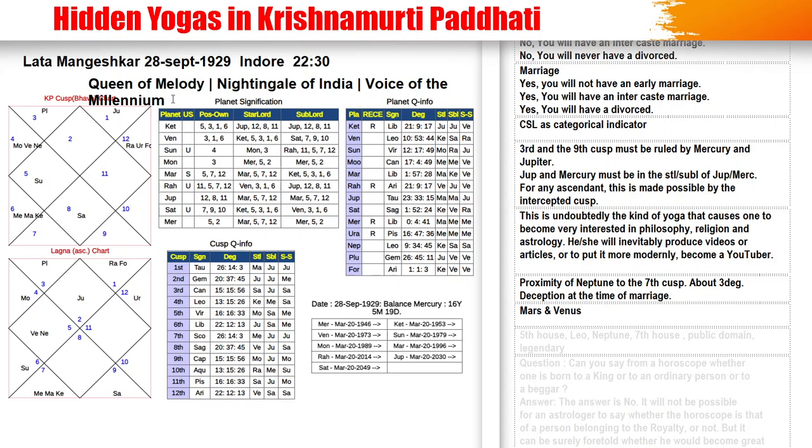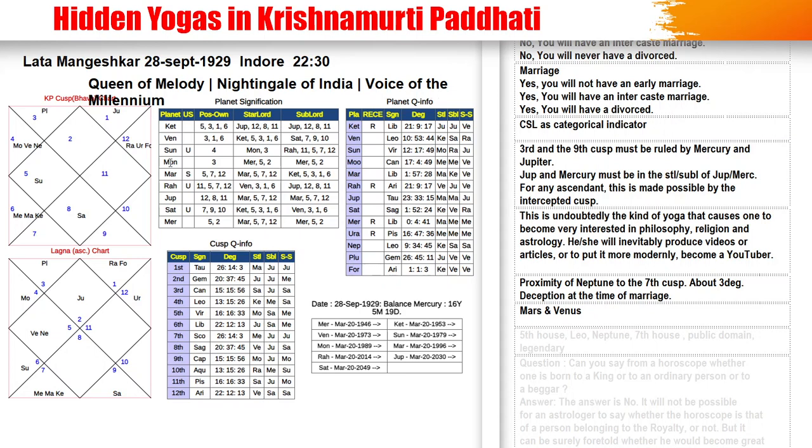So when you look at Lataji's life, there are two particular things that stand out. One is that she is a legendary singer, no doubt about it. That should get reflected as part of some outstanding yogas in her horoscope. Second is that she remained unmarried throughout her life, despite her popularity, wealth and fame.